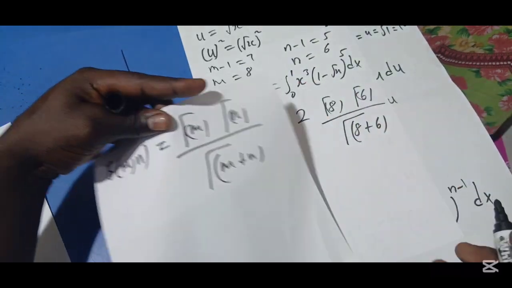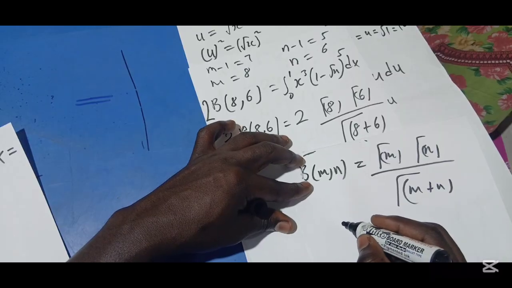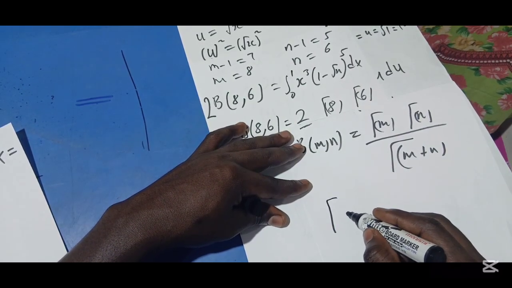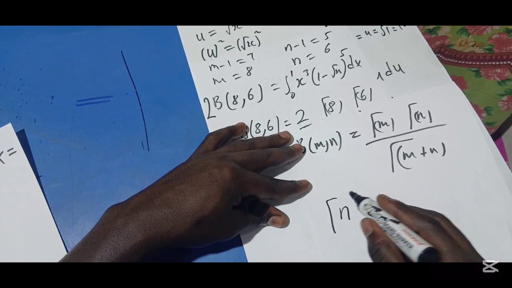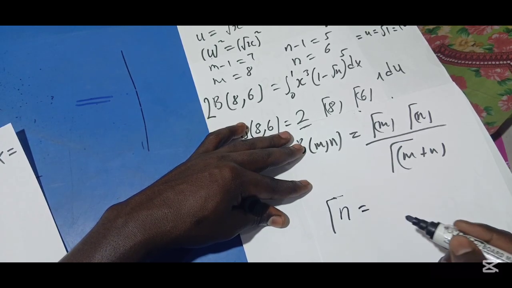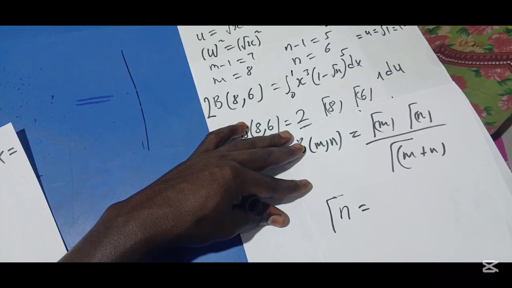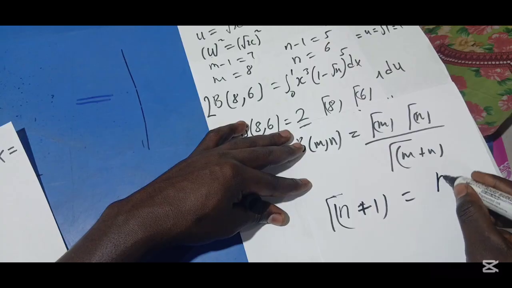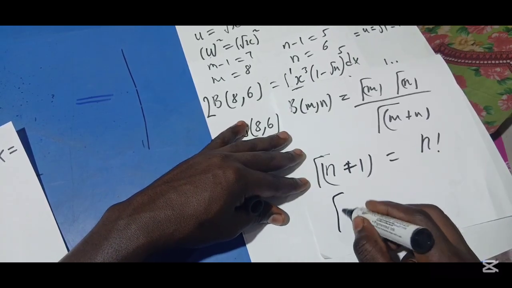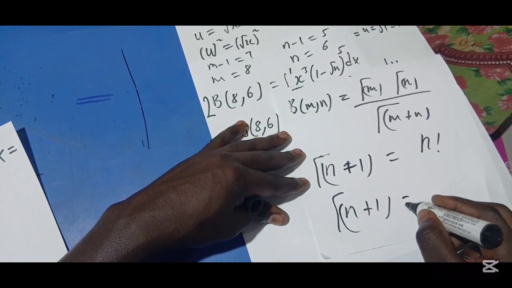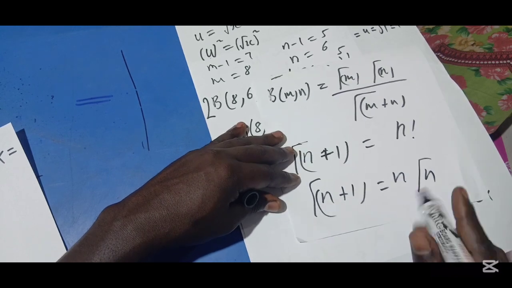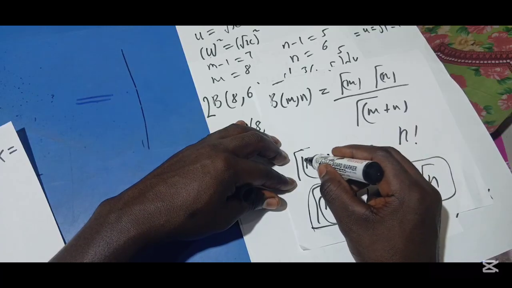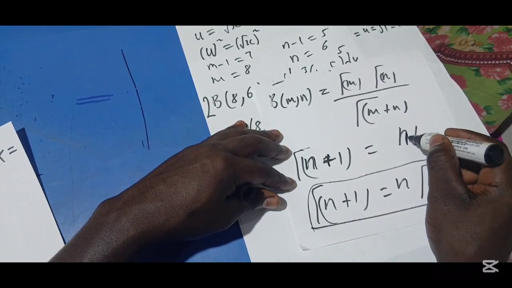And we know for gamma of positive integers, if we have gamma of n, it is going to be gamma of n plus 1, which gives us n factorial. And we also have gamma of n plus 1 equals n gamma n. This formula is used for fractions, and this one is used for terms which are not fractions.